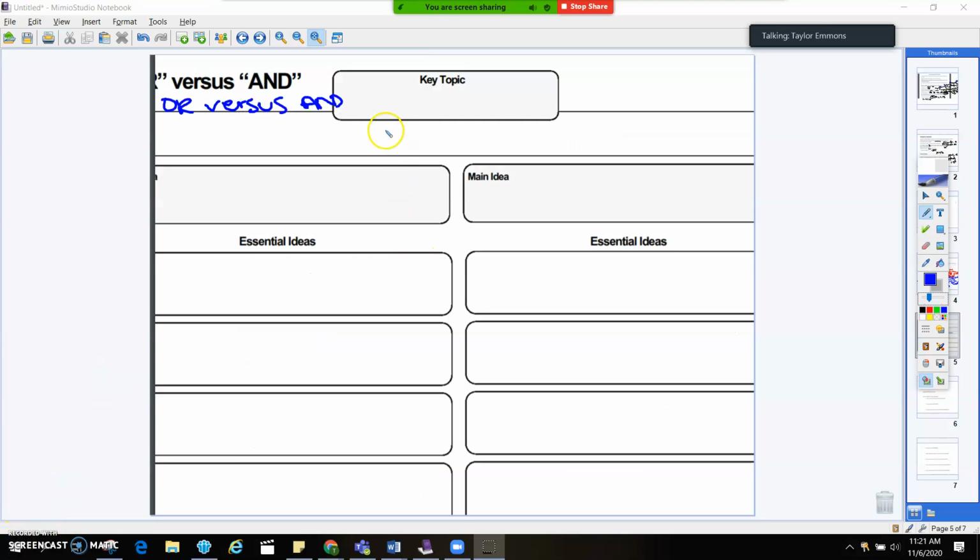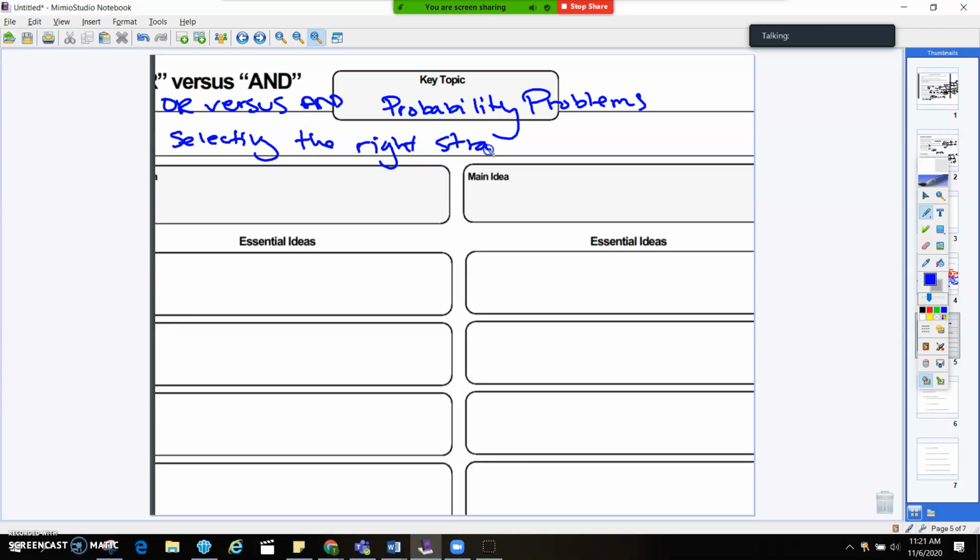So the key topic is going to be probability problems. And this is going to help us by selecting the right strategy and formulas in order to solve.